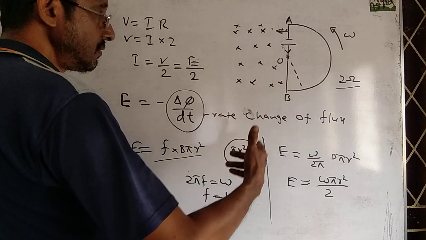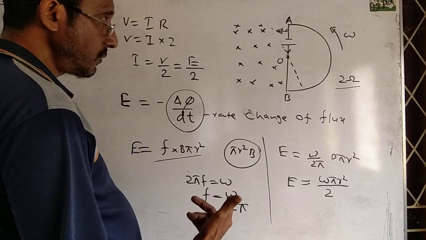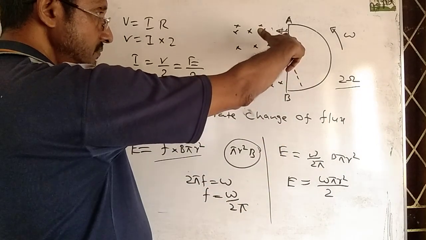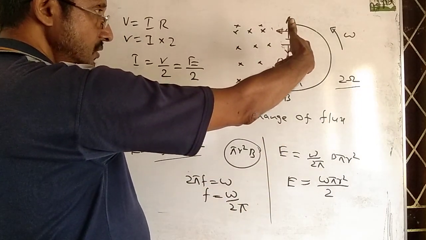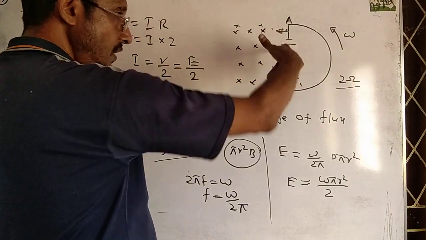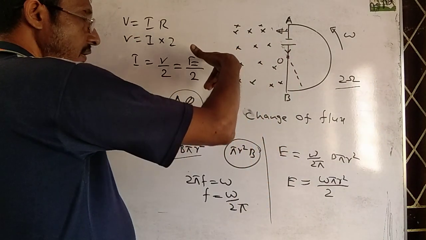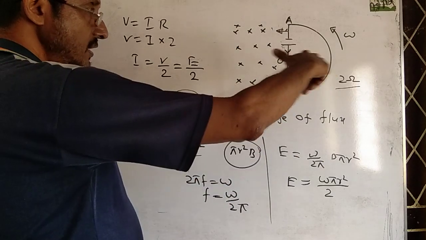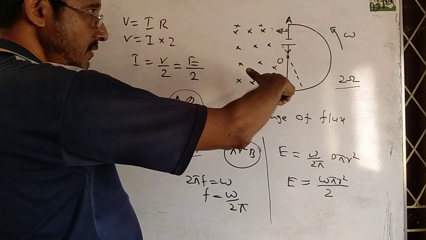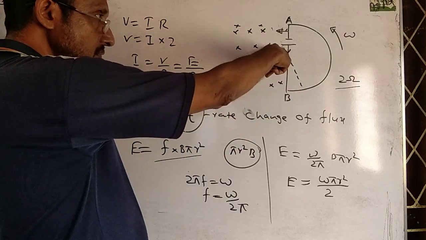When we apply Fleming's right hand rule to find the direction of the EMF, with the magnetic flux through the plane, motion is left side, therefore EMF is downside, therefore it acts as a cell.